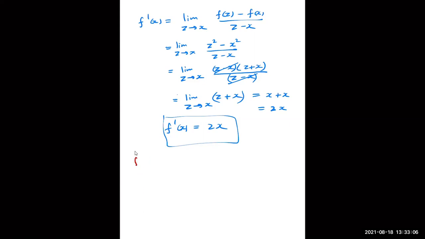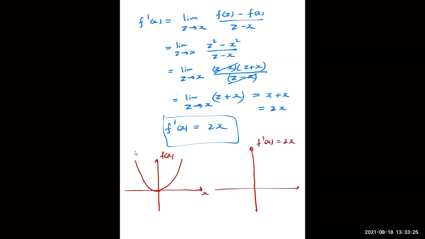Maybe somewhere here. This is your f of x. This is the x-axis. Of course, you know the graph of f of x. It's a parabola like this. And then the derivative, f prime of x, which is equal to 2x. f of x is equal to x squared, that is the graph of a parabola like this.